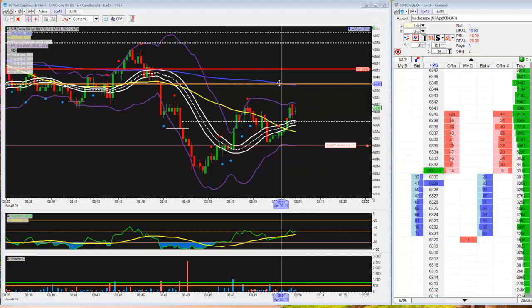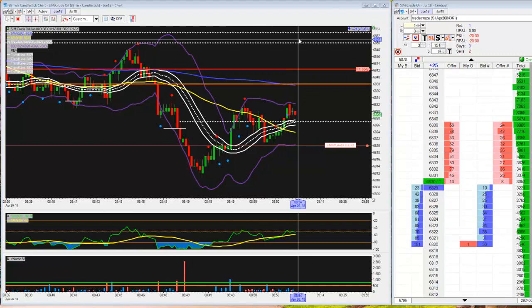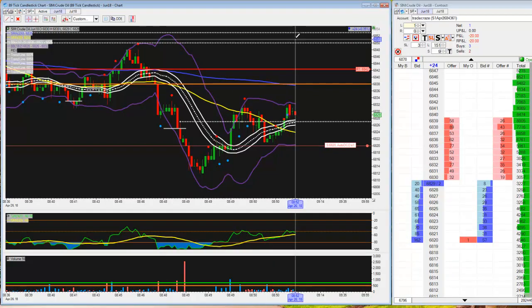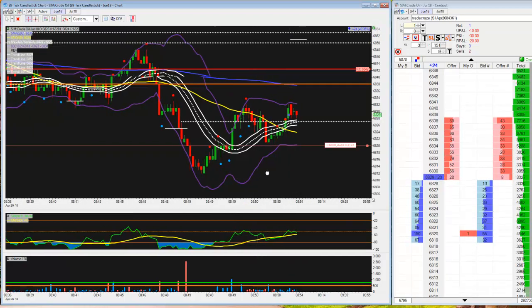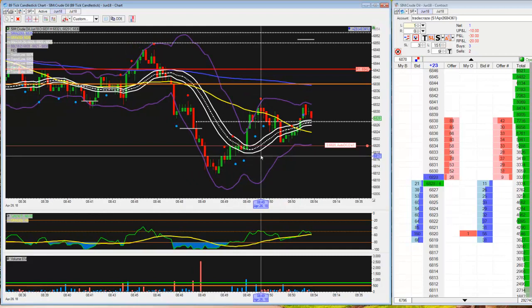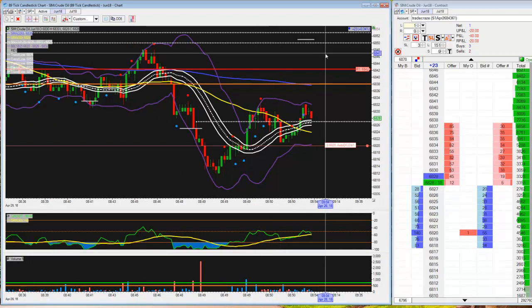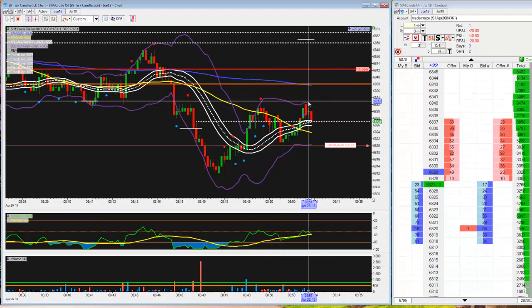68.29, initial 1p target would be 51. My bias is to be long since we're trading above, well, close to the R1 mark.